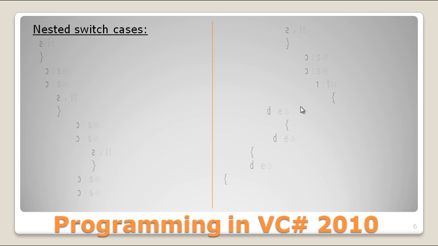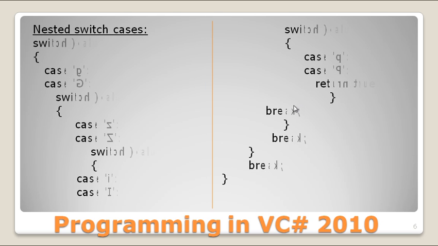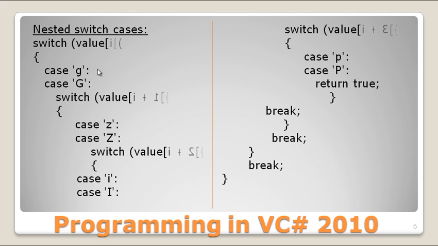Nested switch cases. Here the switch case structure has been nested, and the value of i, or say the brackets which you're seeing right now are actually the subscript brackets, and that shall be taught in the chapter of arrays if you are familiar with arrays.